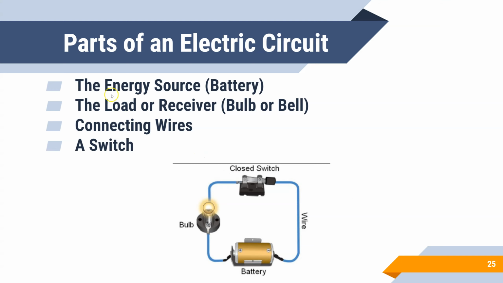Like I just said, the source would be the battery, the receiver could be a light bulb or a motor or even a bell, for example. You have the path, which is connecting wires, and then we could also have a switch, right? And the switch can open or close that circuit at any point in time. Again, that's all reviewed from the beginning of the year.